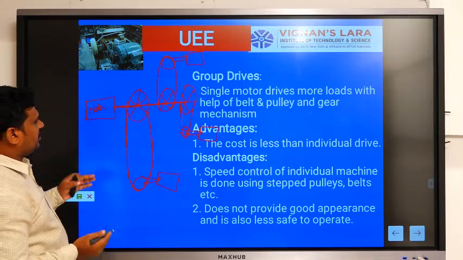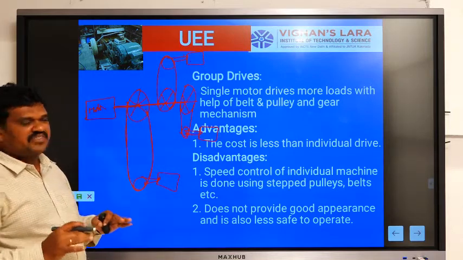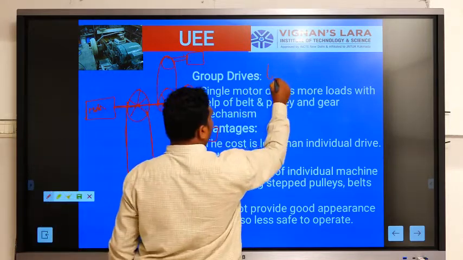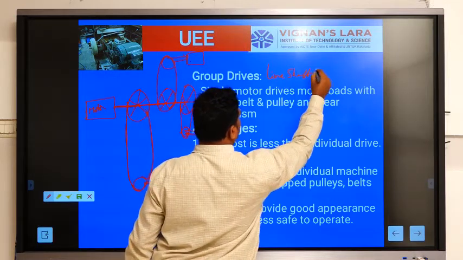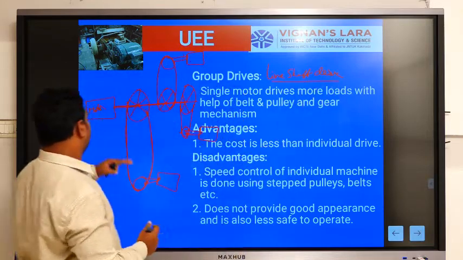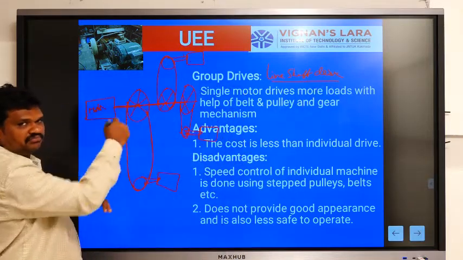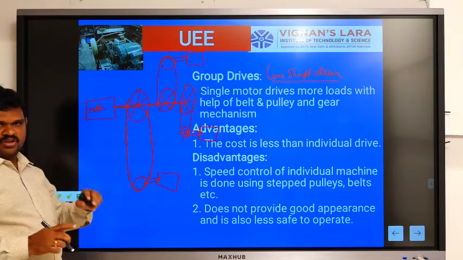Okay, so that's why it is also called line shaft drive. Why? Because all the machines are driven by using a single motor and its shaft.